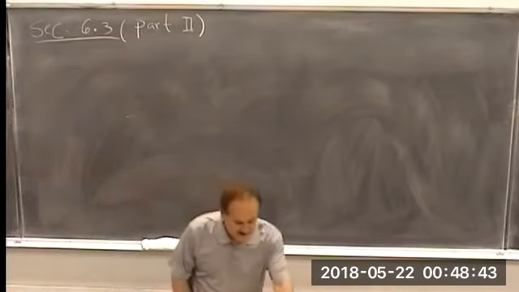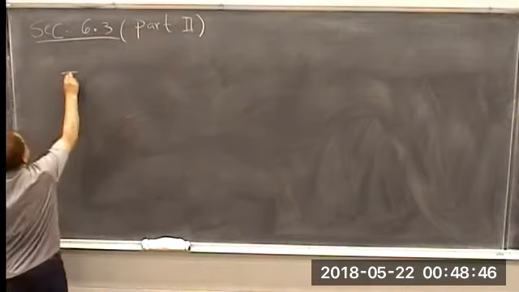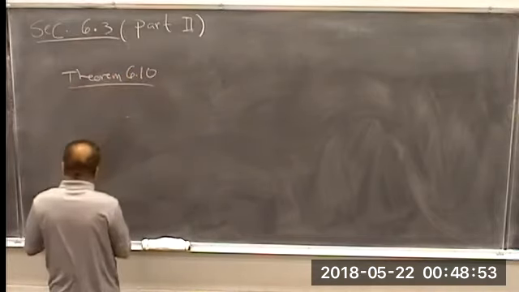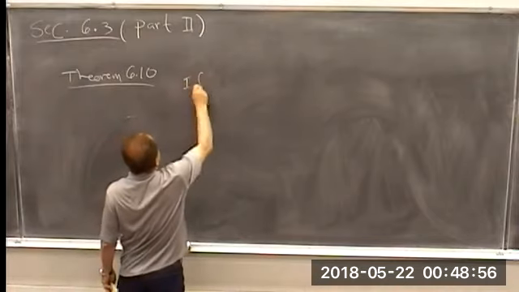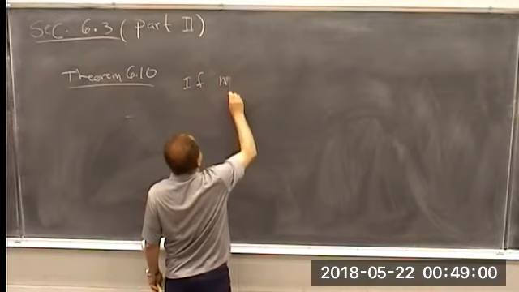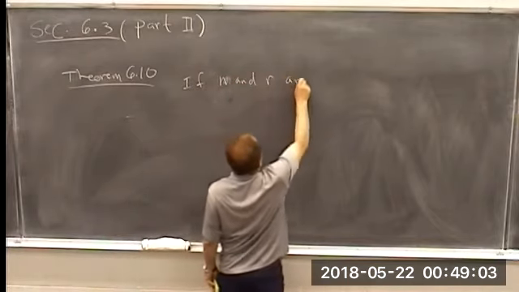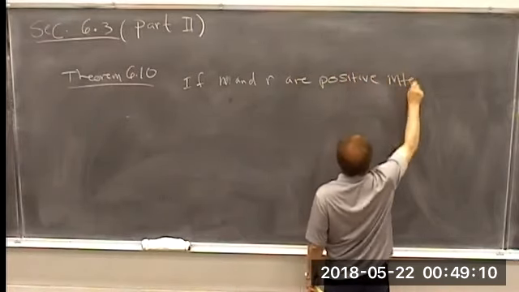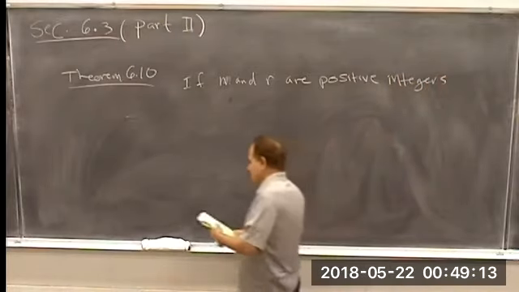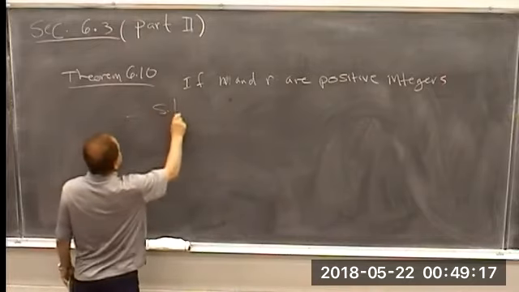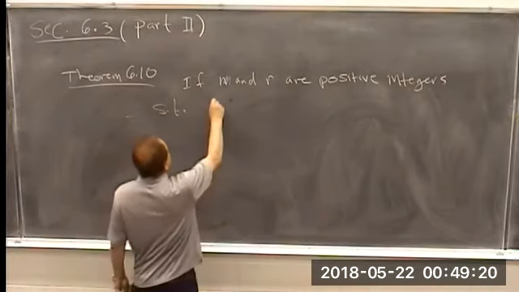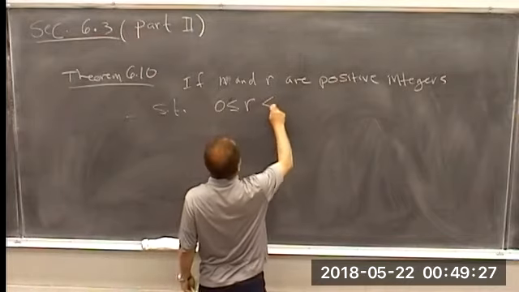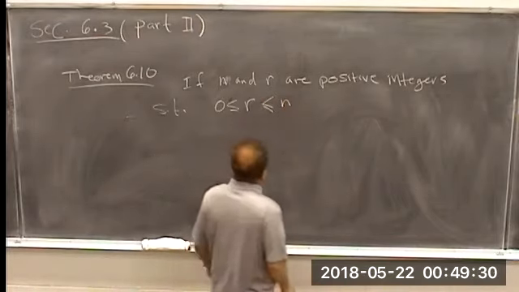And this is theorem 6.10. If n and r are positive integers such that you could take 0 less than or equal to r less than or equal to n, right?